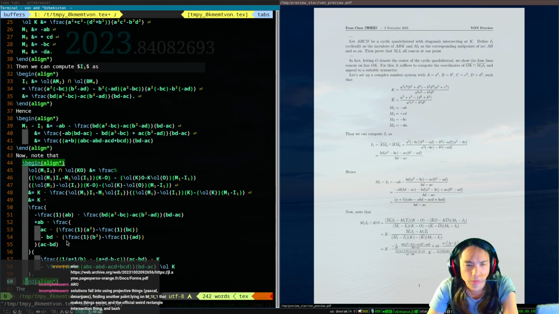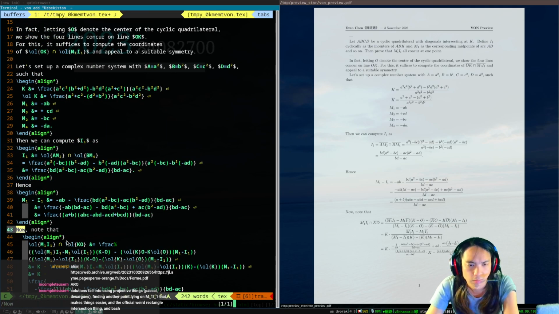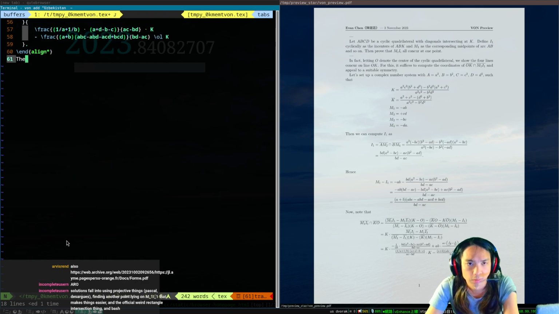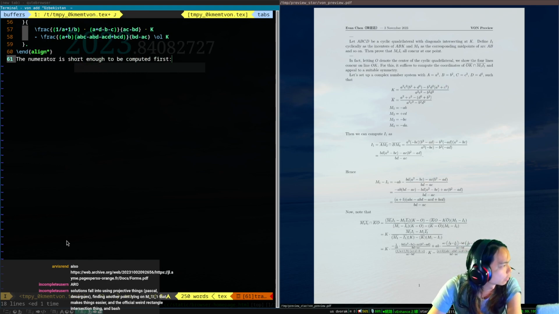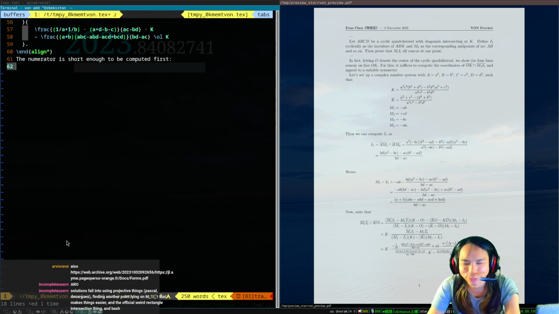Okay, so the numerator is short enough to be computed first. Wow, and that was a Russia 3? Jesus Christ.